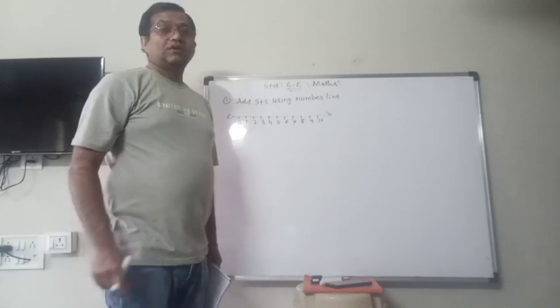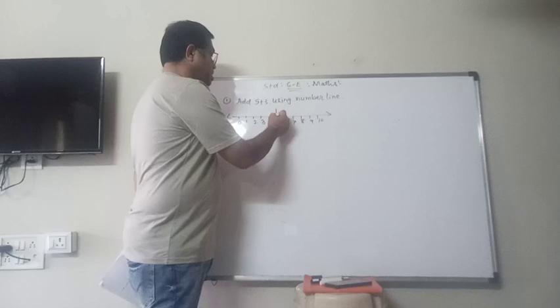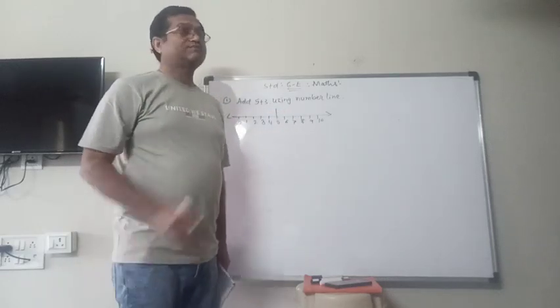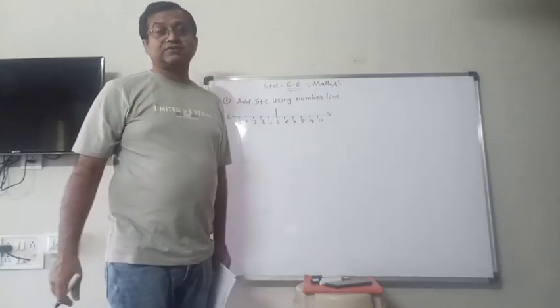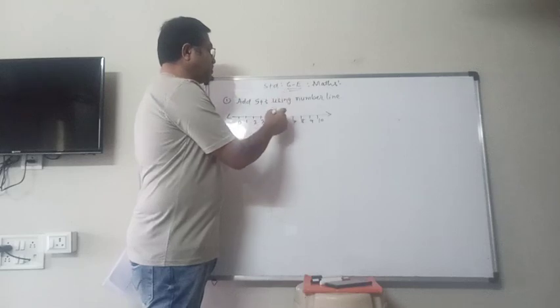Now we have to start from 5, and we know that when we add, we have to move towards the right side. How many steps? 3 steps, because 3 we have to add.